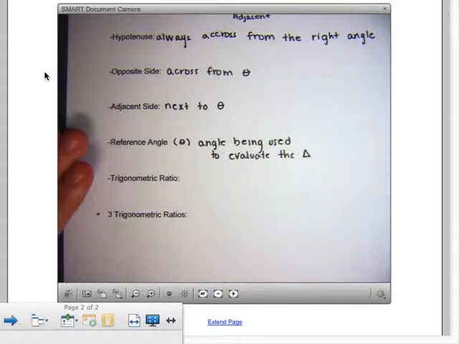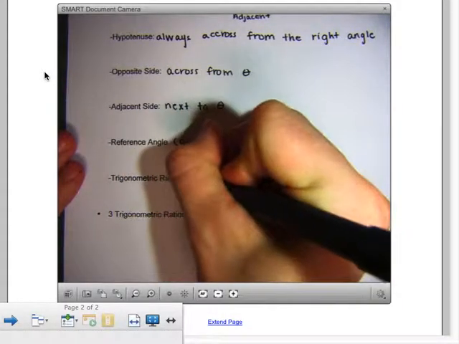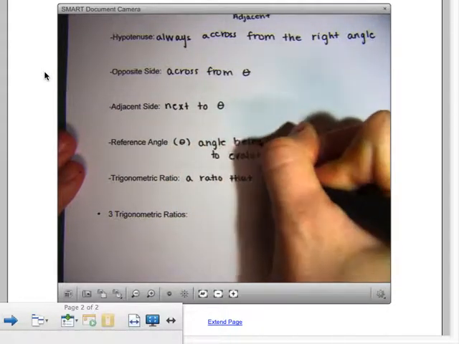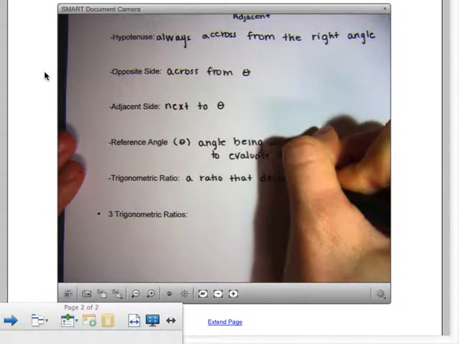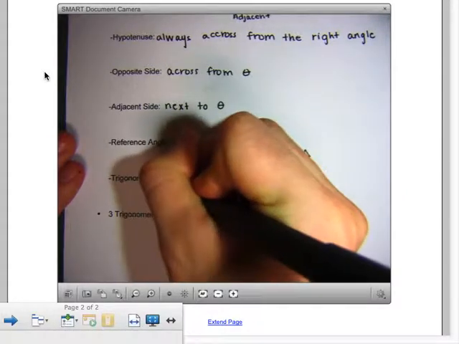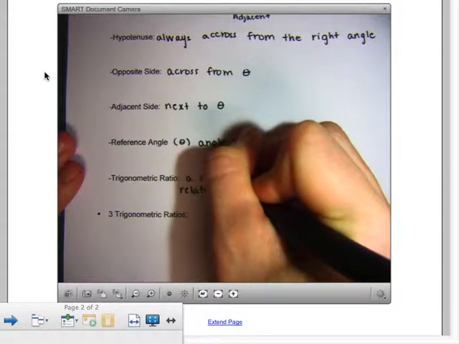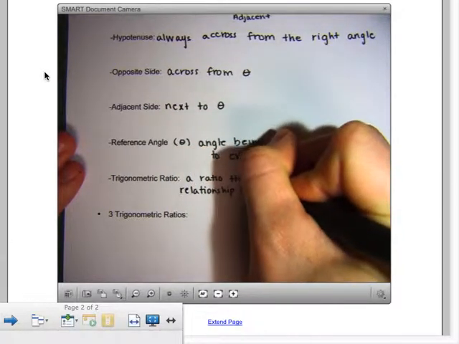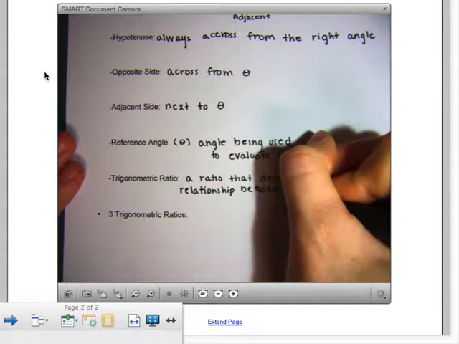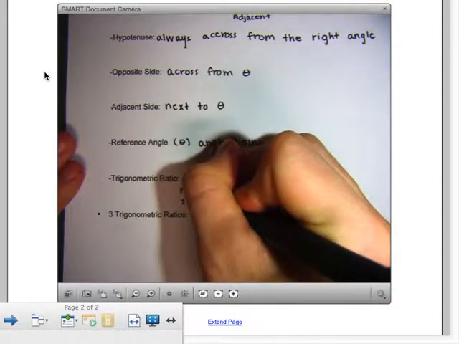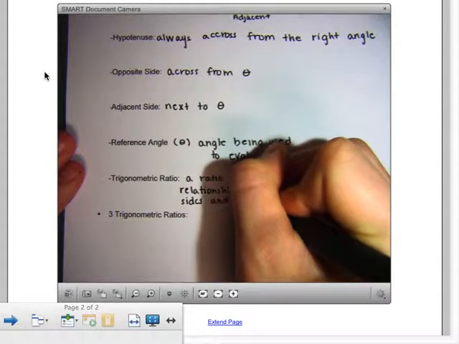Okay, so a trig ratio is just a ratio that describes a relationship between the sides and angles of a triangle.